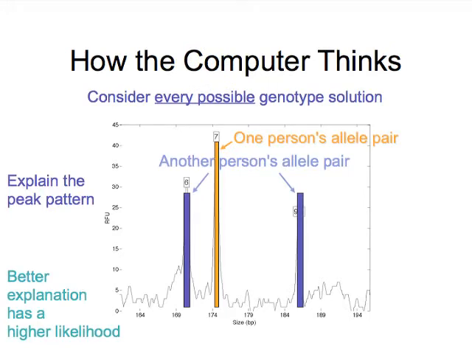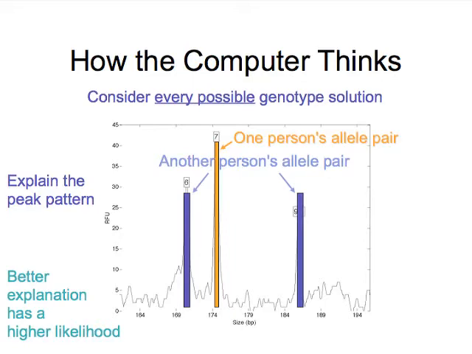And this is how the computer thinks. The computer considers every possible genotype solution, or at least tens or hundreds of thousands of them. What it does is, if you see in blue over here, this is the allele pair from one individual, 6 and 9.3. That's in blue.